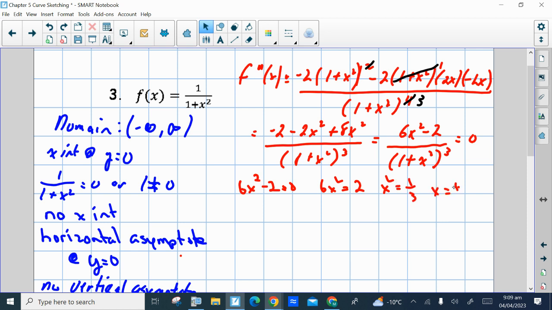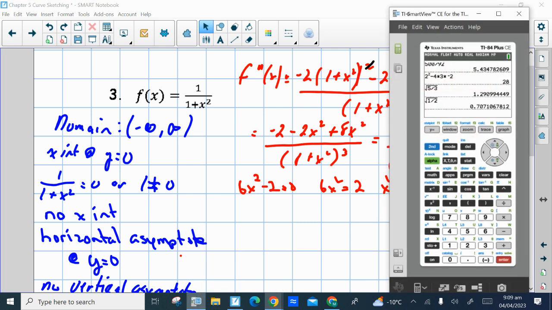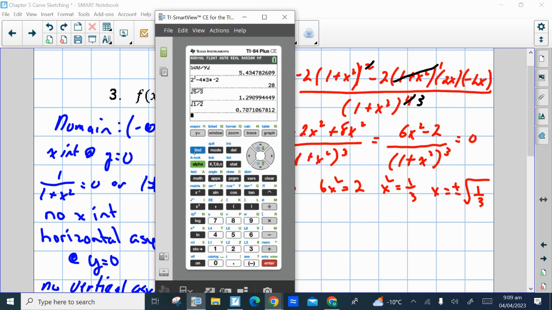And x will equal positive and negative root of 1/3. Which we will use our calculator to find out what that is approximately, so we can set up our intervals on the number line. So approximately plus and minus 0.6.